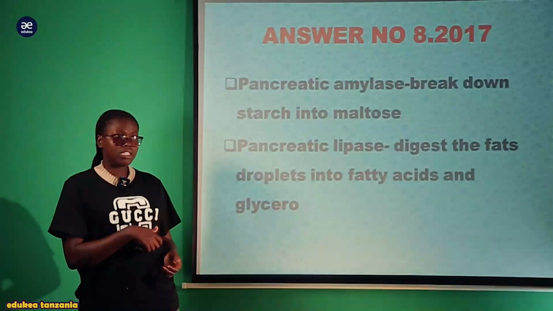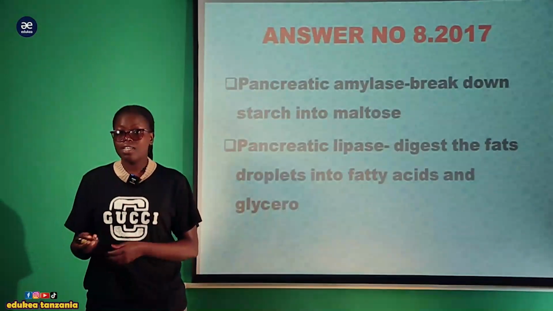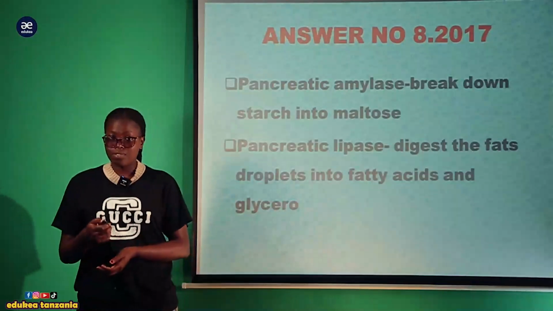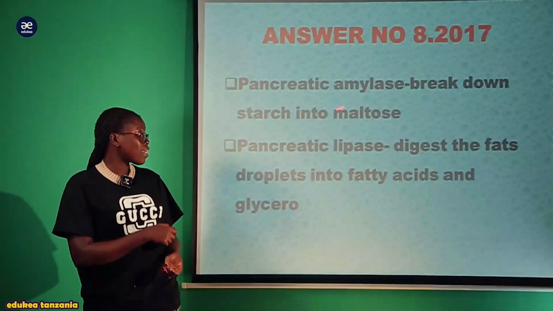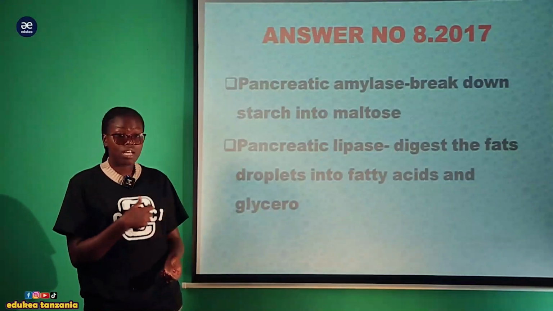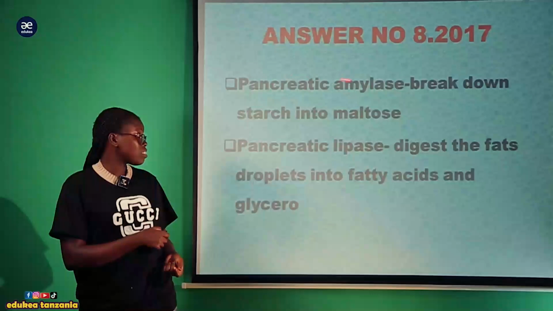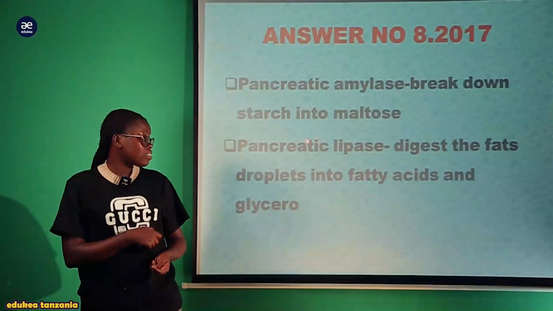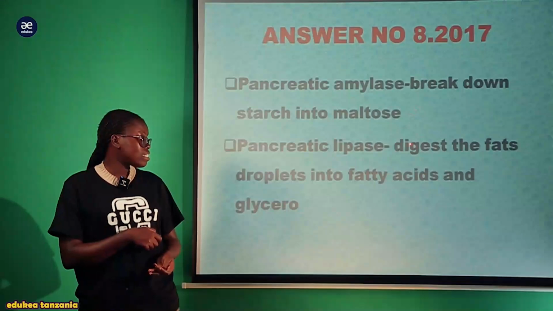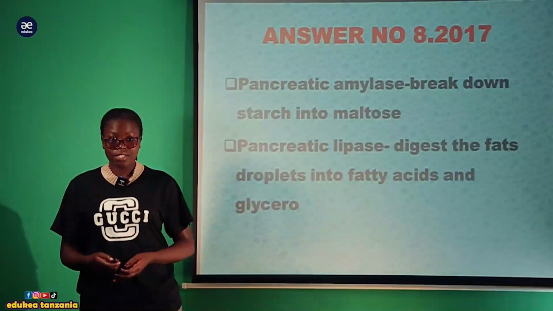Lakini kama uliandika it is an extra, lakini nimeweza kupatia na this function, ambapo katika swali letu pia unahitaji kuweza kustate the function. Lakini swali lako la kwanza just wanted to mention the pancreas ana produce this pancreatic amylase pamoja na pancreatic lipase. So kwa mfano this pancreatic amylase anasaidia katika breaking down of starch into the maltose, na pancreatic lipase anasaidia katika digesting the fat droplet into the fatty acid pamoja na glycerol.